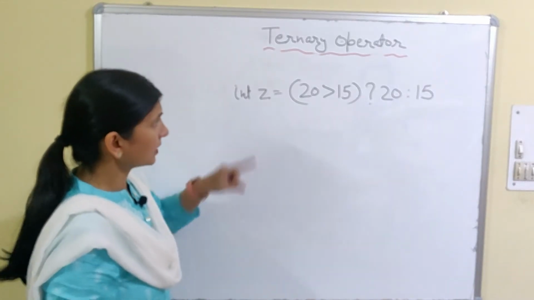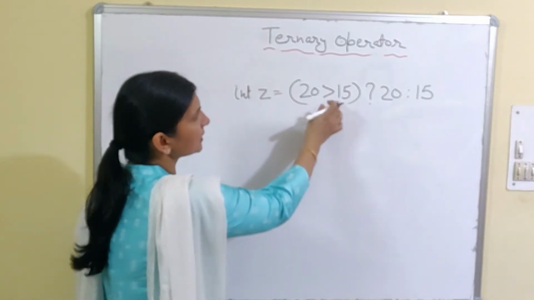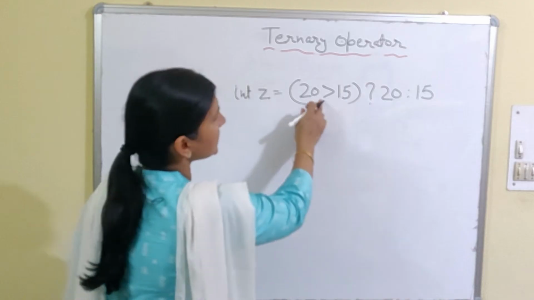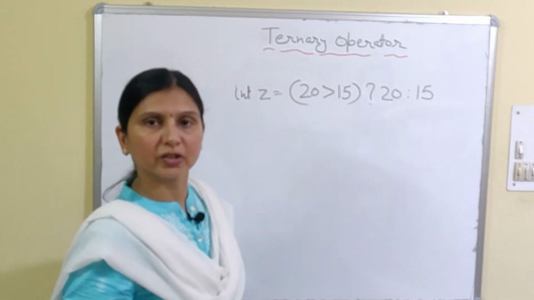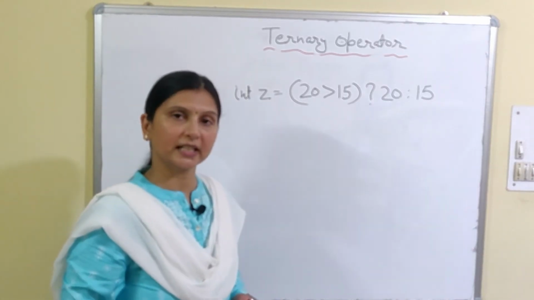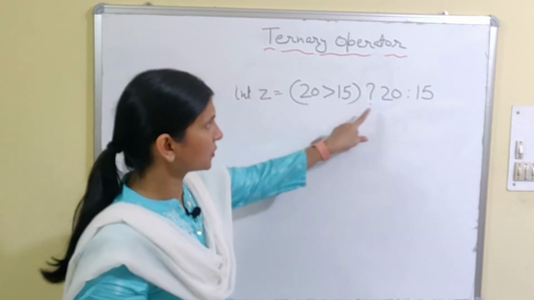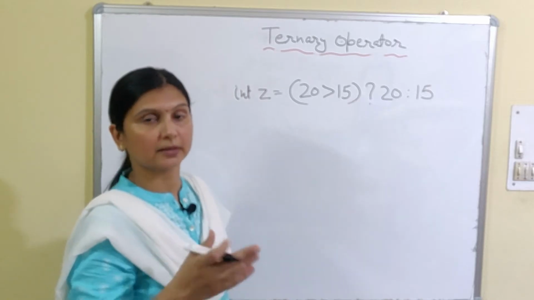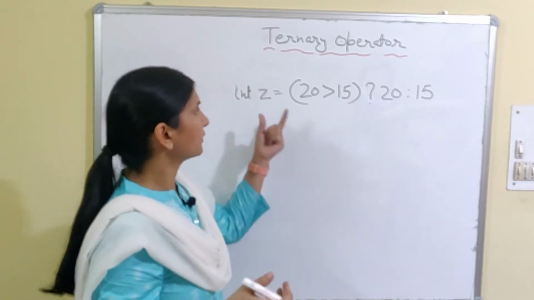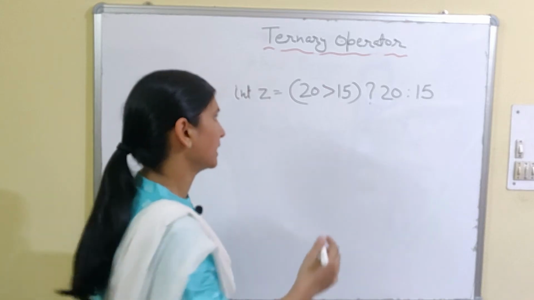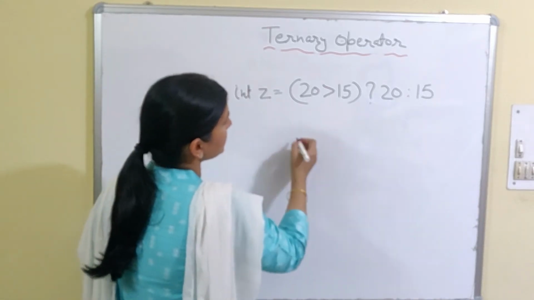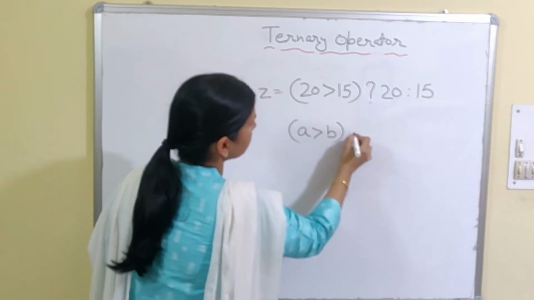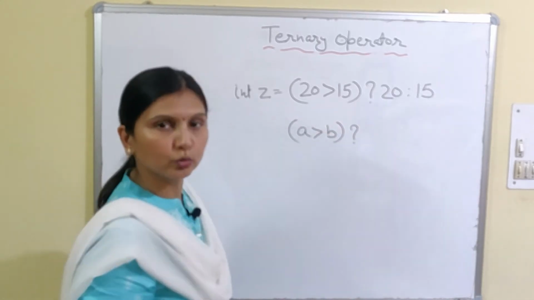Fine. Now these are the constants. Now in terms of variable, in this case, is this condition true or false? Condition is true. So what will be the value of z? 20. Condition is true, 20 will be assigned. If you print z with System.out.println z, what will be displayed? 20. Fine. Now I am taking it in terms of variables: a greater than b. a and b are two variables.